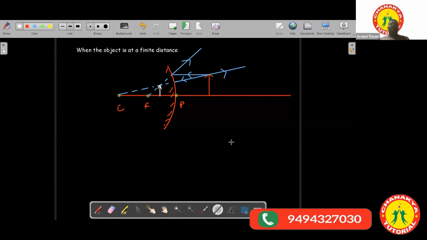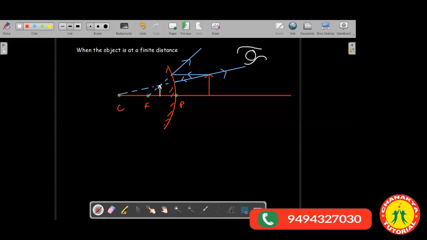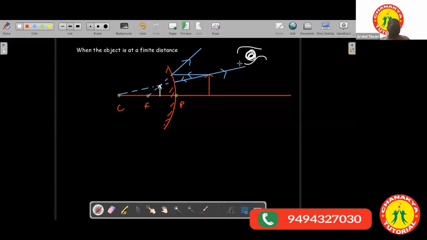Okay. So let's discuss the characteristics. Everyone has understood the diagram? Yes, sir. Okay, see, we are observing from here. Just one minute.